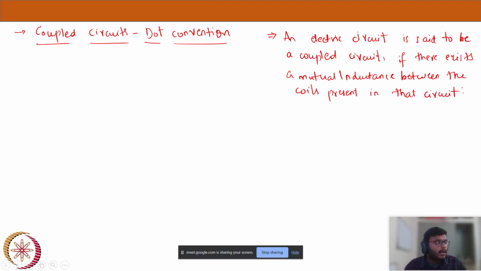So whenever there exists mutual inductance in a circuit, we can easily determine that that particular circuit is coupled.